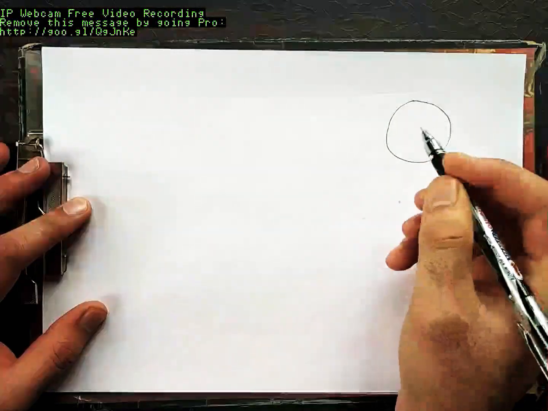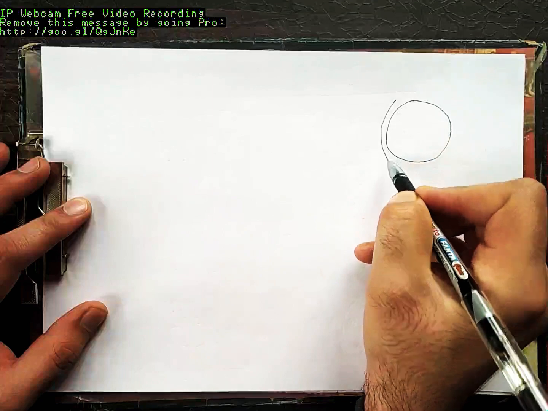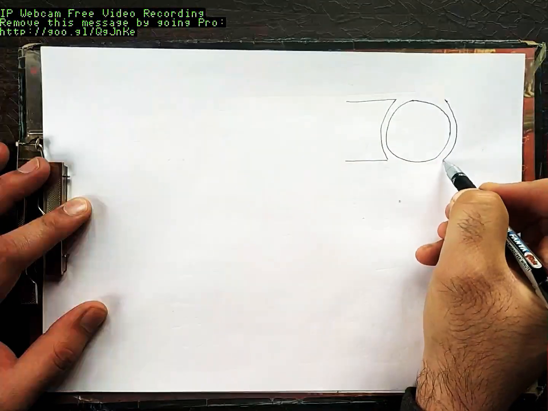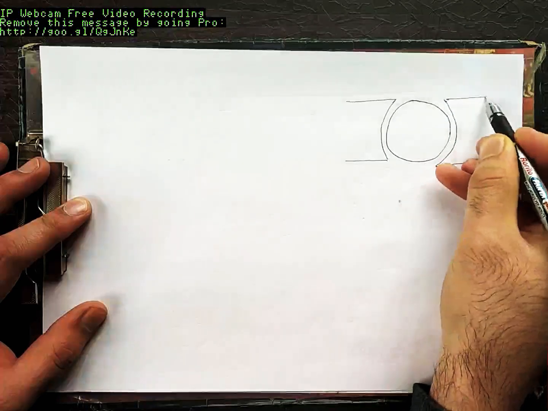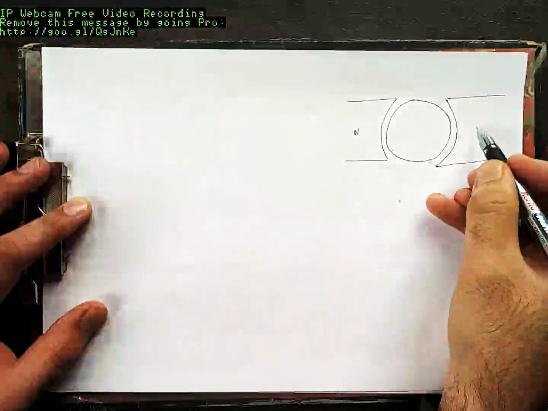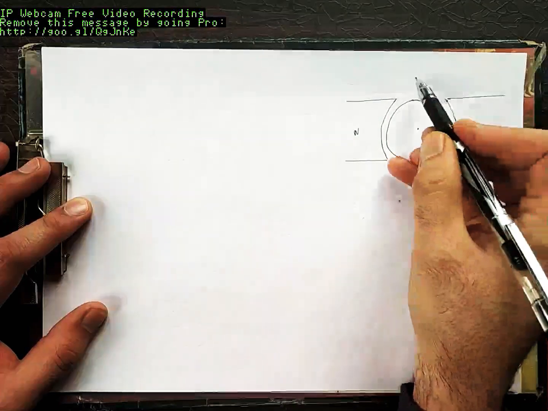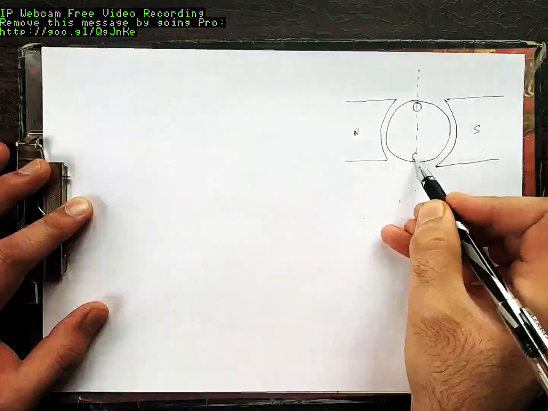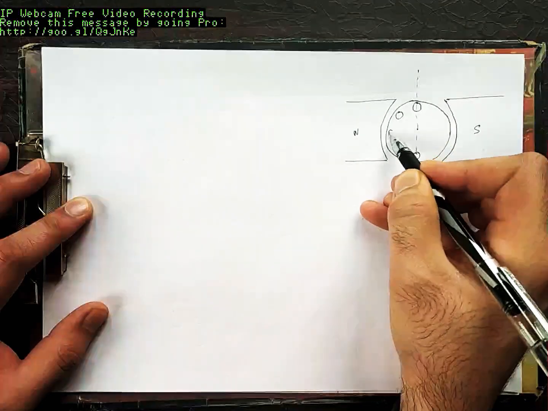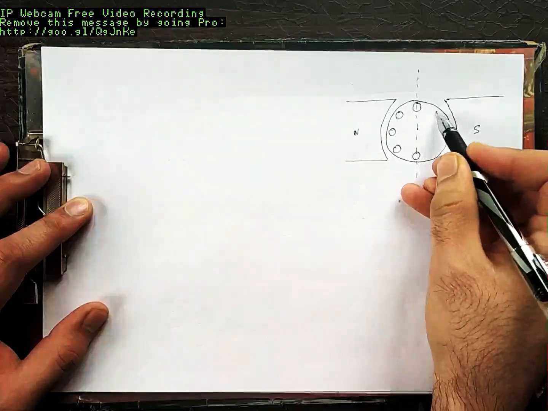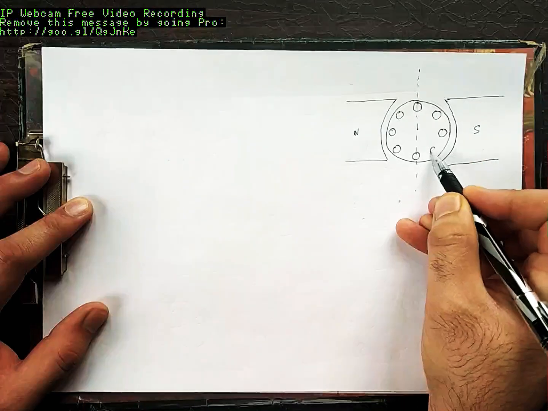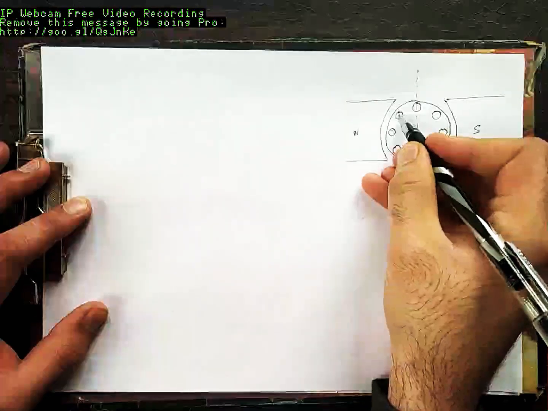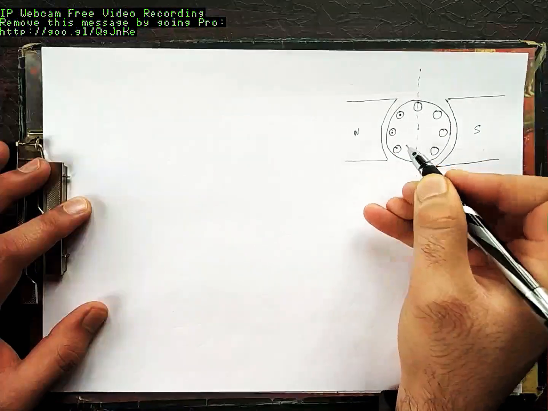If this is the rotor of a machine, this is the stator, say this is the north, this is the south pole. This is dot, this is dot, this is dot.